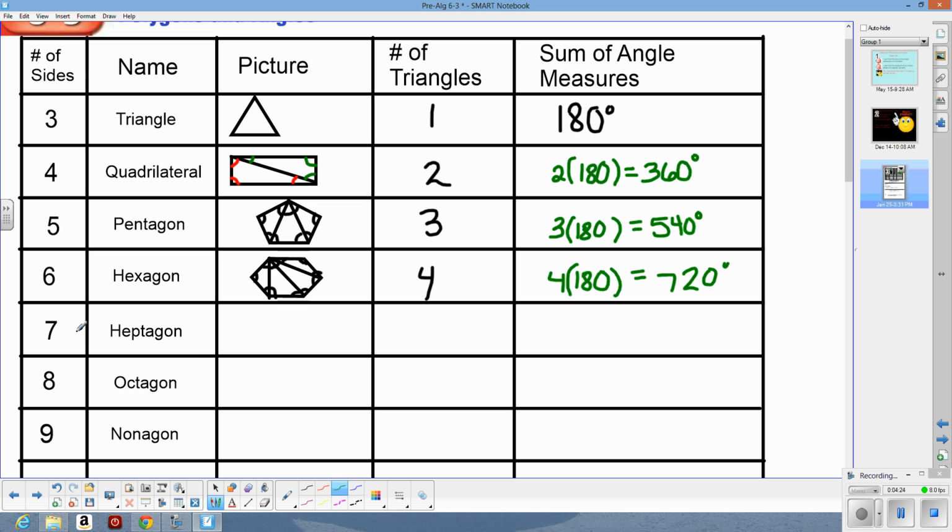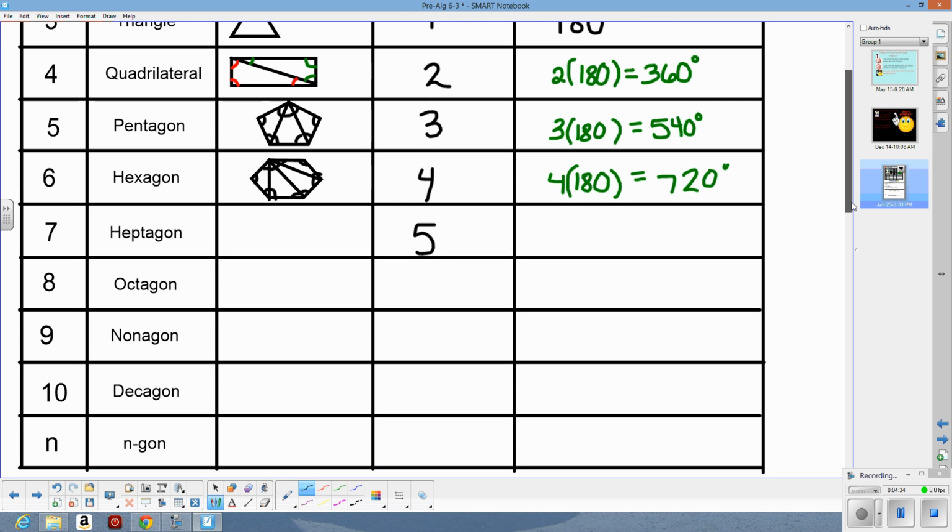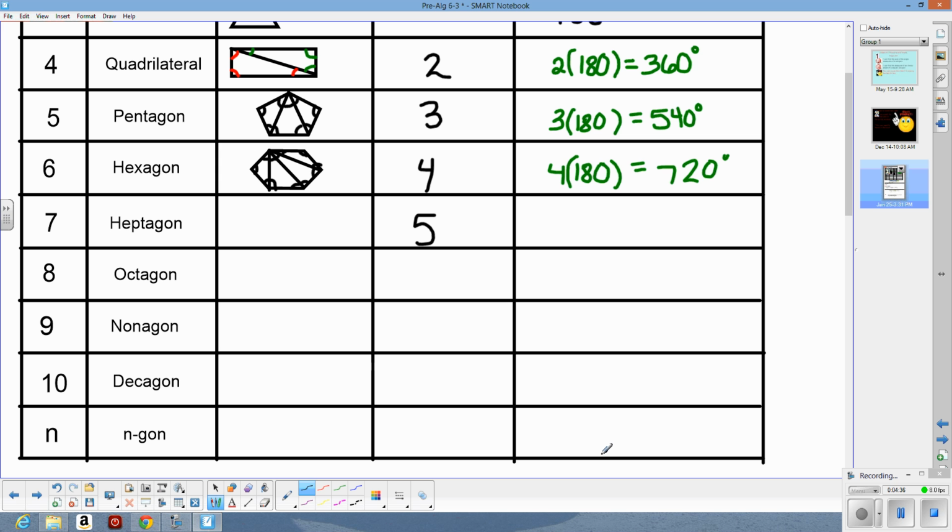A 7-sided is going to make 5 because it always makes 2 less triangles than the number of sides. So if I wanted to skip all the way down to what's called an n-gon, or a polygon with n number of sides, the number of triangles it's going to make is the number of sides minus 2.